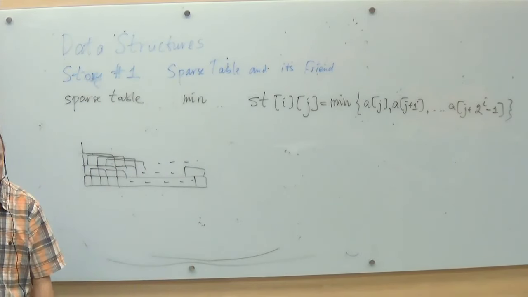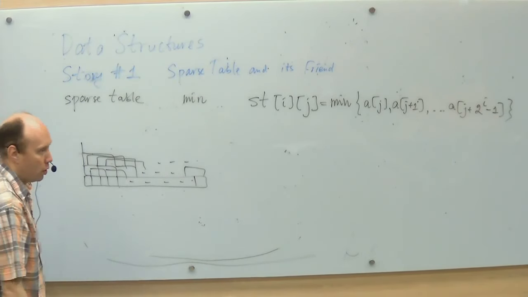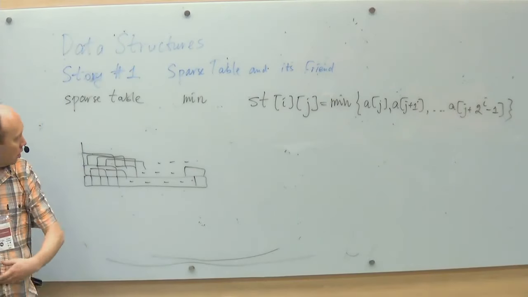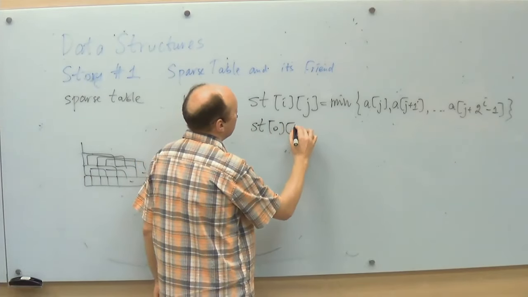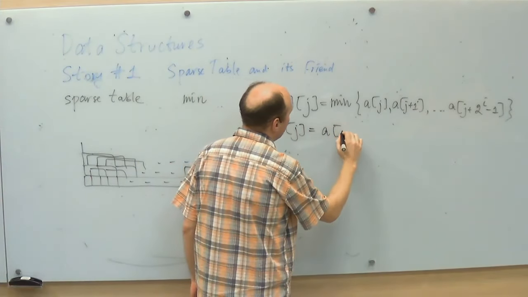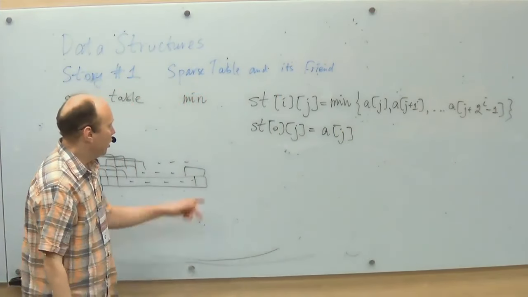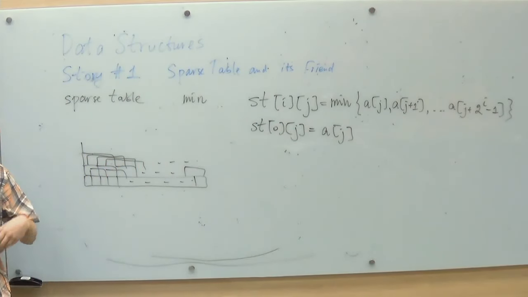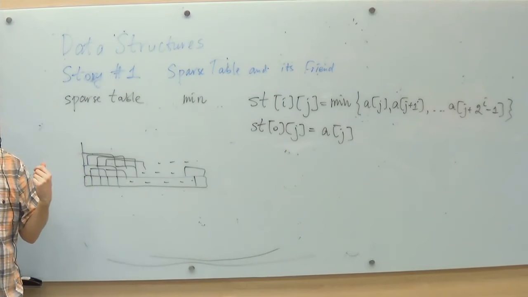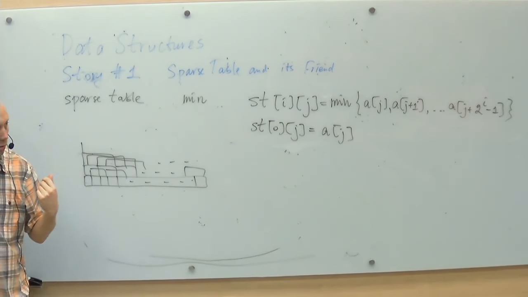Sparse table is easily initialized. So sparse table[0][j] is just a[j], of course. Well, minimum here is just an example. You don't absolutely need minimum, but there is some requirement for this operation that we will now see.